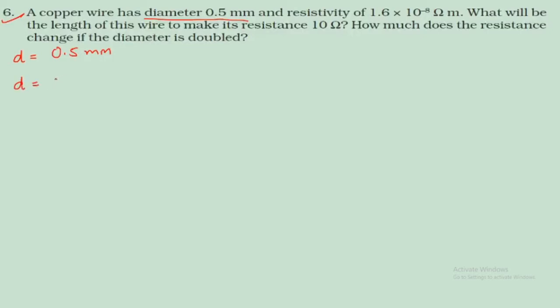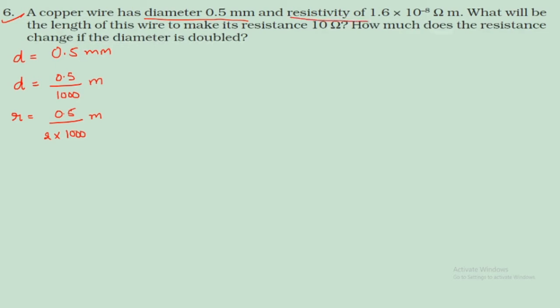D equals to 0.5 upon 1000 meter. To change the milli, we will divide it by 1000. So now we find R. R will be 0.5 upon 2 into 1000 meter. So this is the radius R.